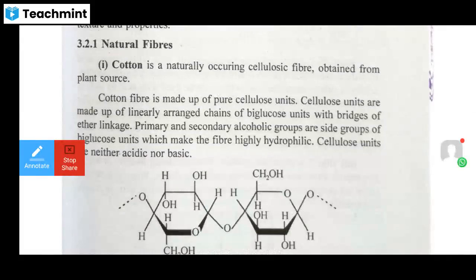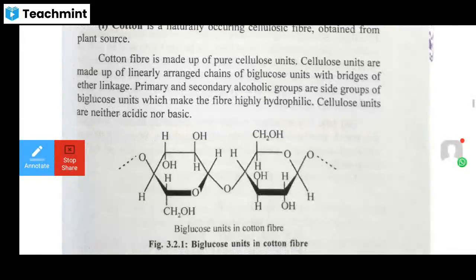We know that cotton has cellulose fibers, and cellulose has a structure similar to that of glucose, in the cyclic form. These are the structures of glucose. These glucose units are joined together, these are the beta-glucose units in the cotton fibers.